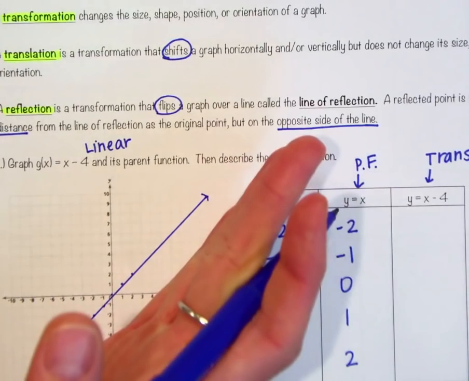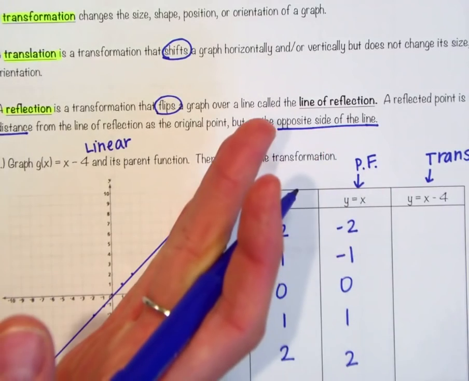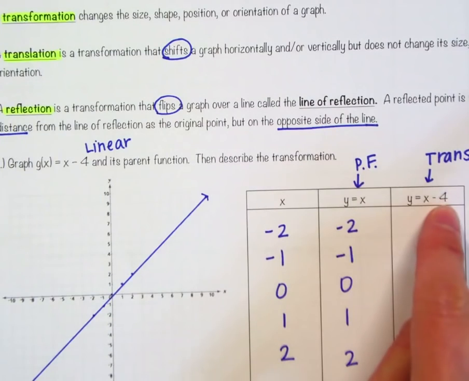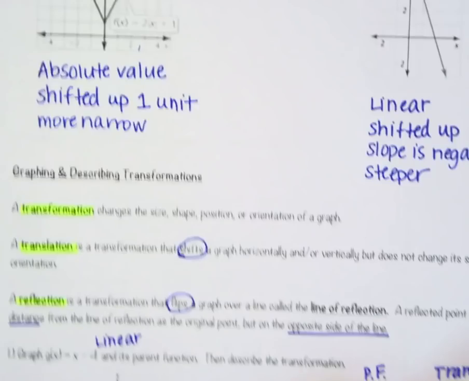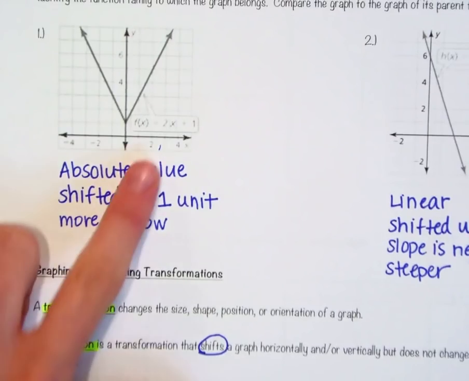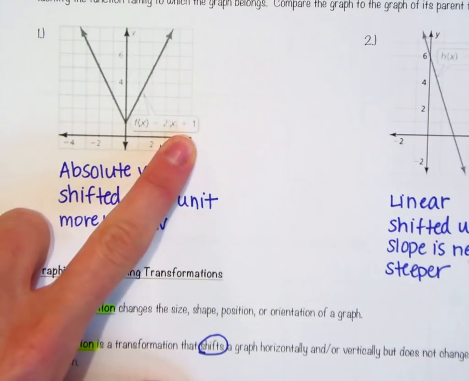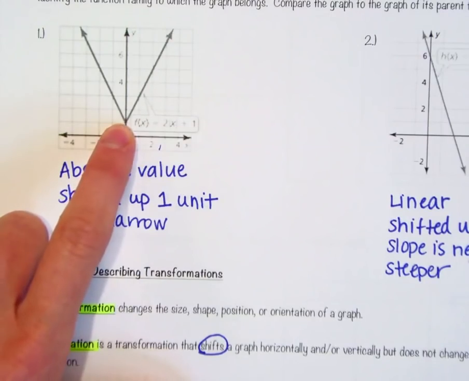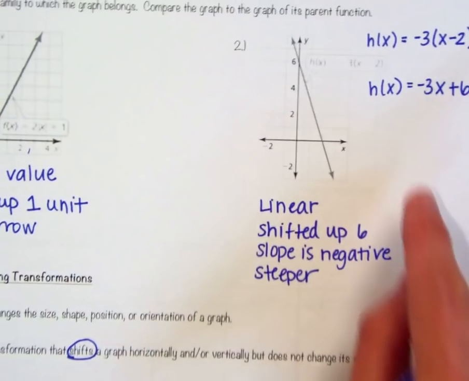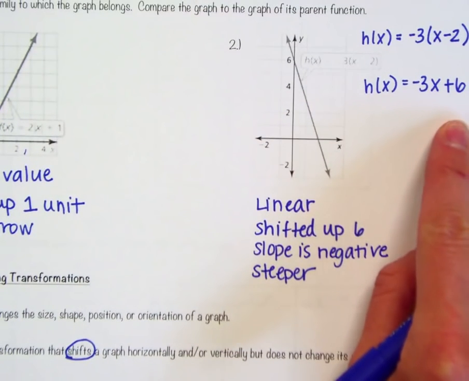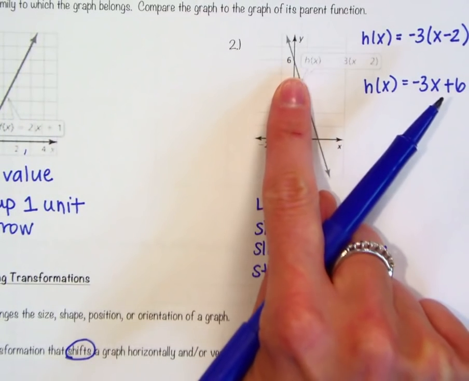So I would expect this line to be going in the same direction and have the same steepness. What's changing is my y-intercept. So if we look at what happened up here, we added 1 outside here, and our graph was shifted up 1. We added 6 to our parent function here, and our graph was shifted up 6.